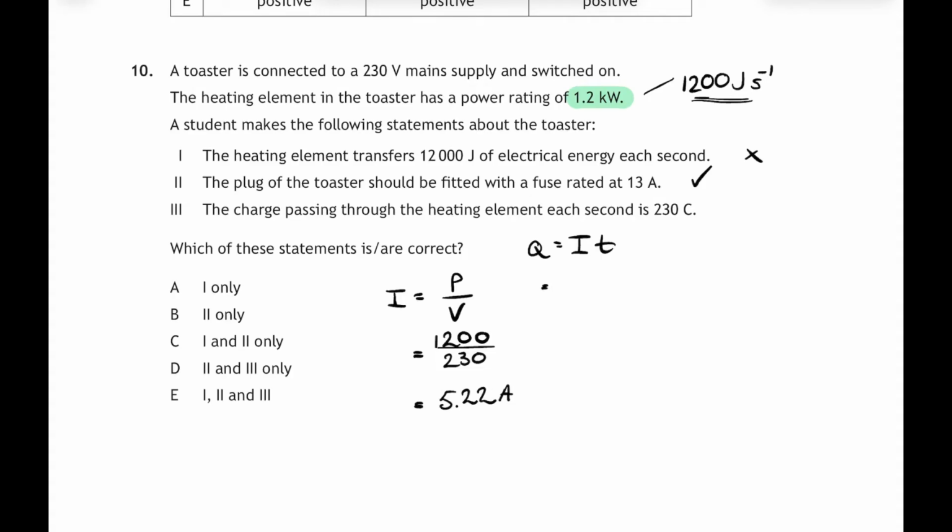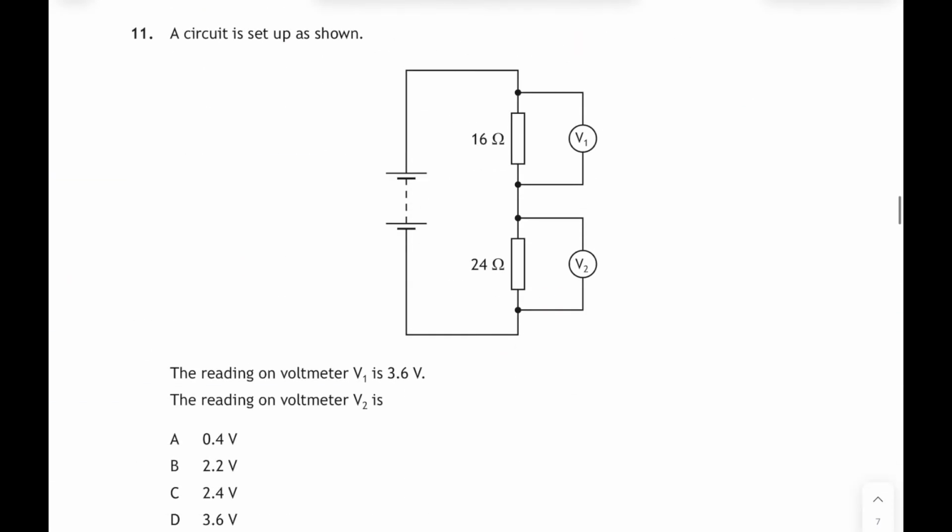And remember, current is the amount of charge that's flowing per second. So in a time of 1 second, the amount of charge that flows is 5.22 coulombs. So statement 3 is wrong, and that means the only one that's correct is statement 2. So the answer to question 10 is 10B. Pretty tricky. On to question 11.